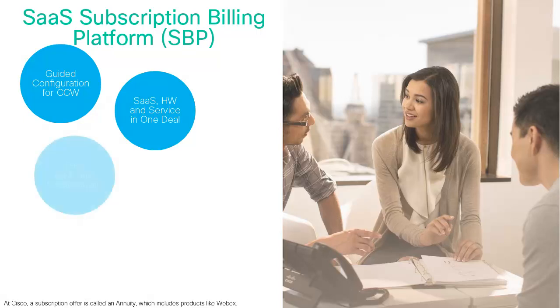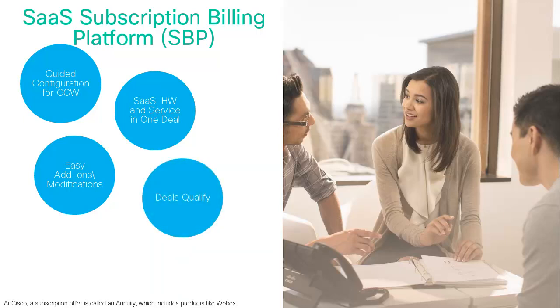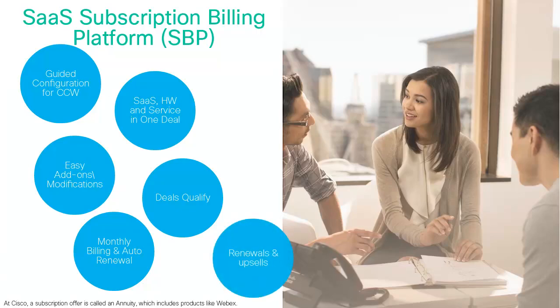And the offer comes with easy add-ons and modifications. To help you respond to requests for changes to a contract, you don't have to wait until the end of a term or when starting a new contract. The deals qualify for partner programs. True monthly billing and auto renewals are a snap. You are positioned for renewals and upsells.